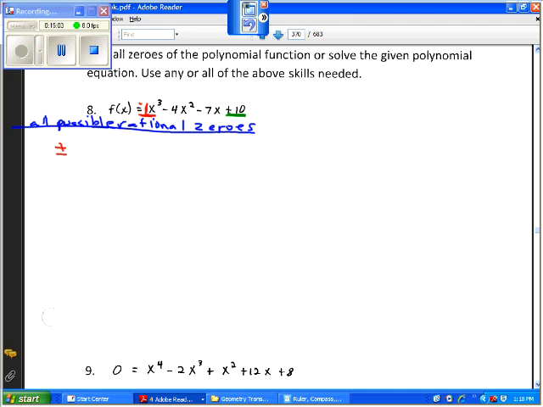Plus or minus all of the factors of the leading coefficient over the factors of the constant term. So we have plus or minus 1 over 1 or 2 or 5 or 10. Remember doing that?